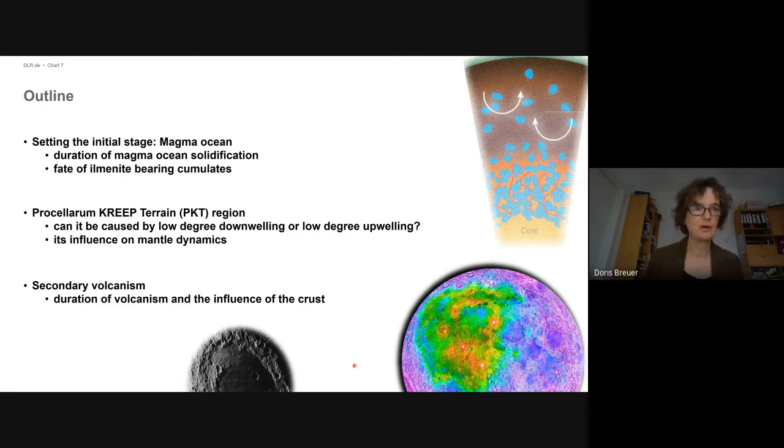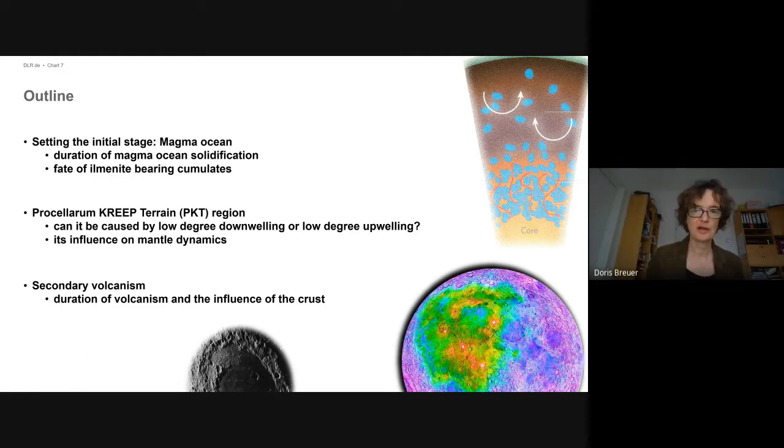I will talk about the Pikati region, whether it can be caused, as has been suggested, by low degree downwelling or low degree upwelling. I will also address how the Pikati region can influence the mantle dynamics. And at the end, I will say a little bit about the secondary volcanism, its duration, and how it is influenced by the crust itself.